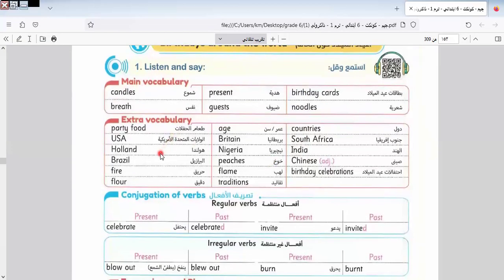Here we have extra vocabulary. Let's learn it together. We have party food, age, countries.